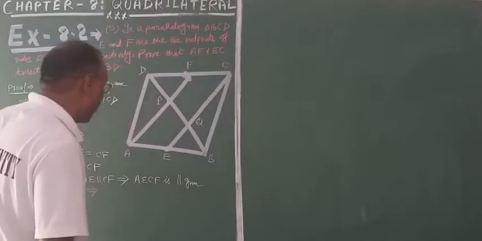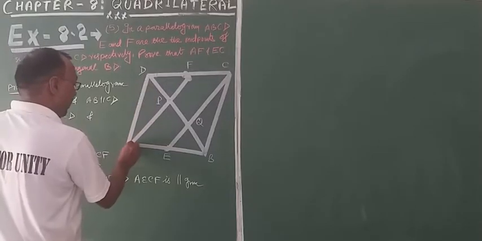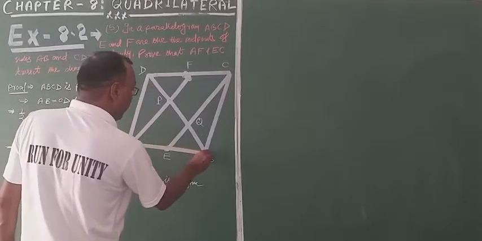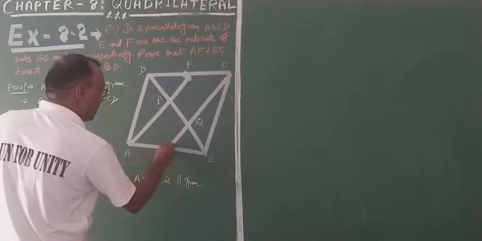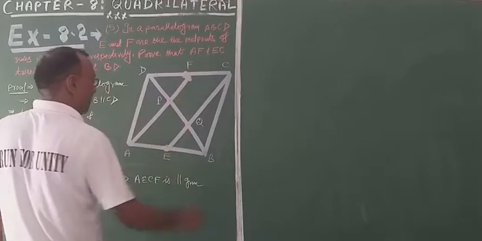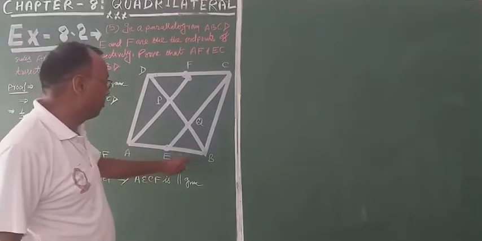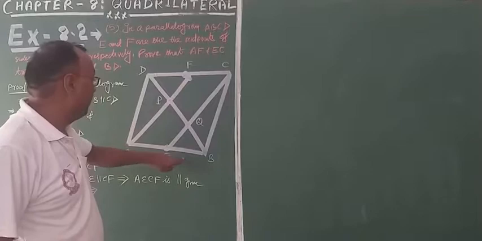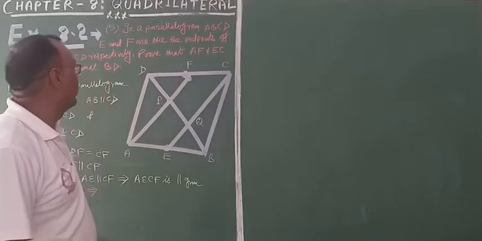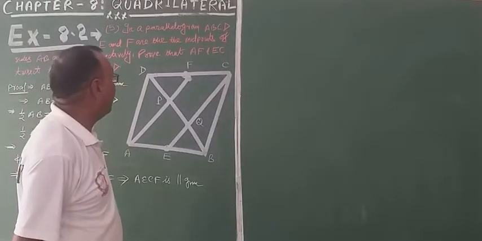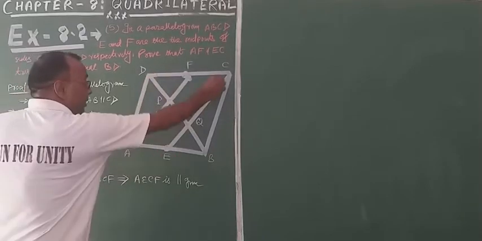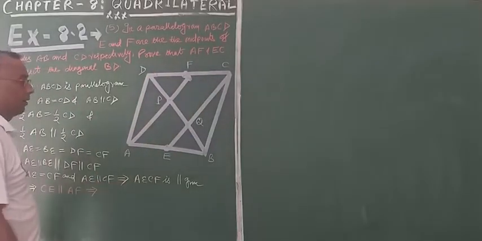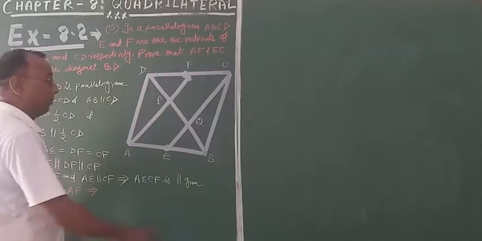Prove that AF and EC trisect the diagonal BD.